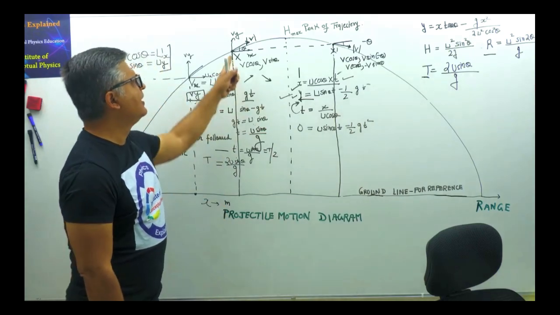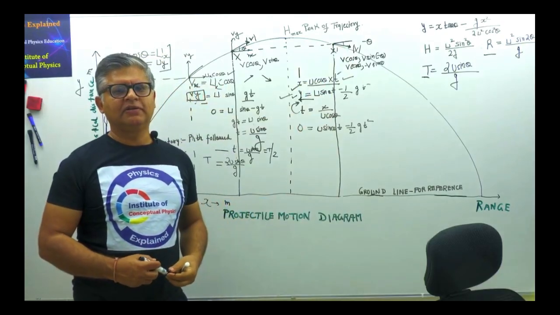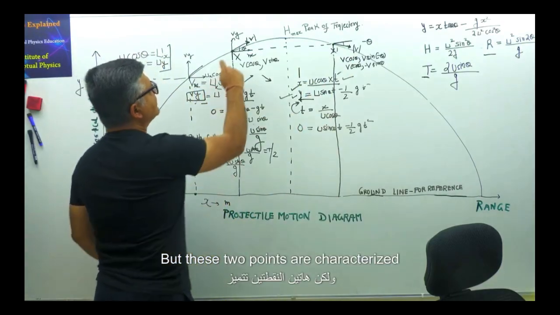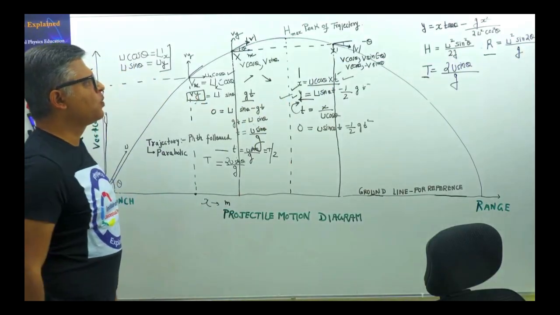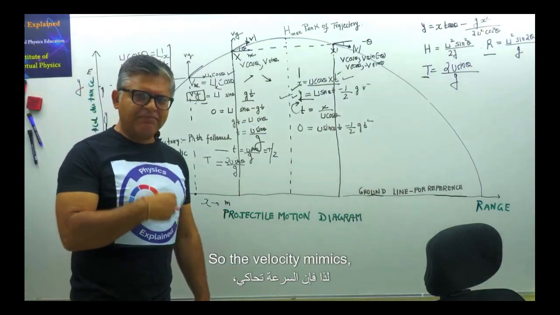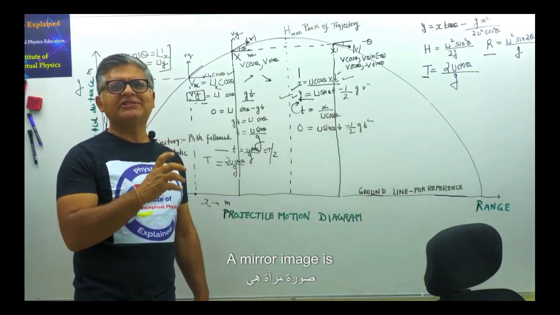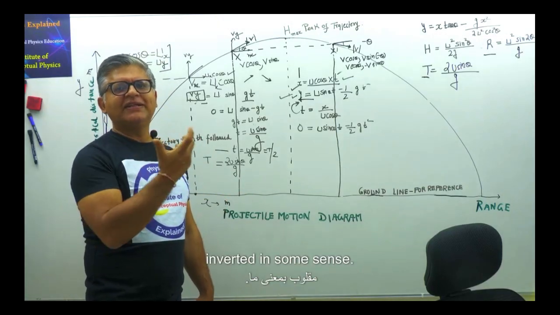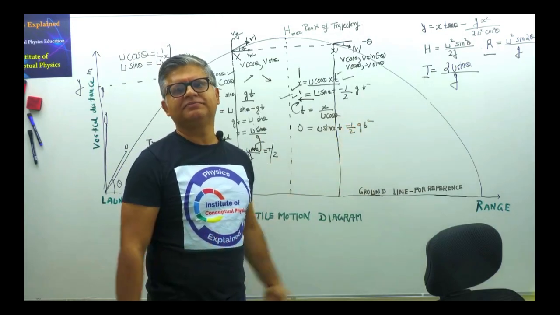The angles are theta and minus theta with the horizontal. But these 2 points are characterized by symmetry. So the velocity mimics. It's a mirror image. A mirror image is inverted in some sense. The left appears right. Something very similar.